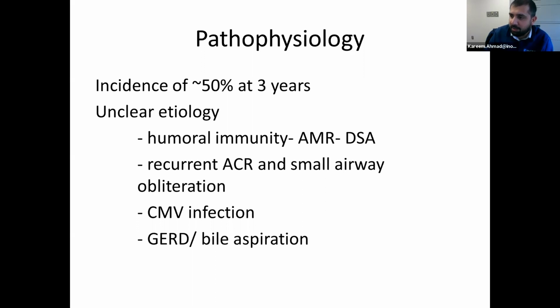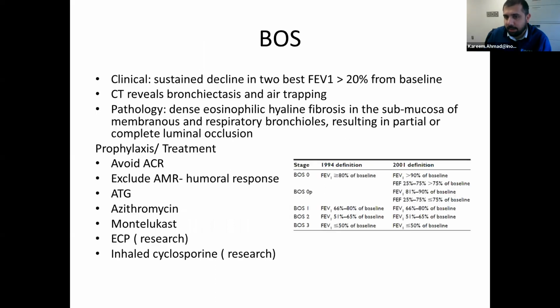Again, repetitive injury to the organ will stimulate the immune system regardless of what is causing the injury, whether that's CMV infection, or recurrent GERD or bile or acid aspiration, or B cell or plasma cell mediated antibody mediated rejection of the organ, where the immune system keeps getting reintroduced to this foreign body and repetitively attacks it. So, like I said, unclear etiology, but these are some of the key ideas that we think about.